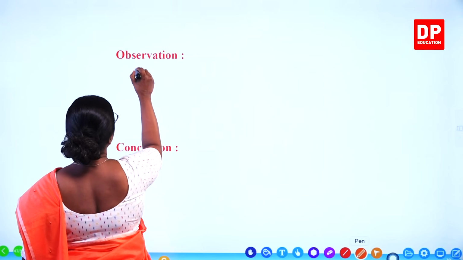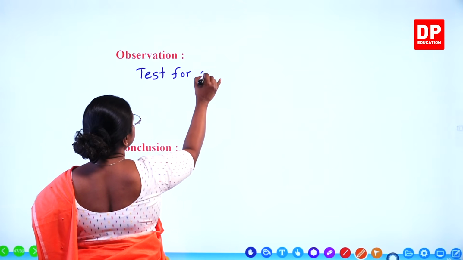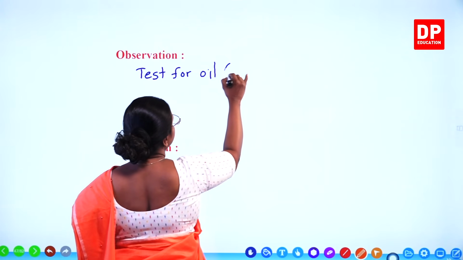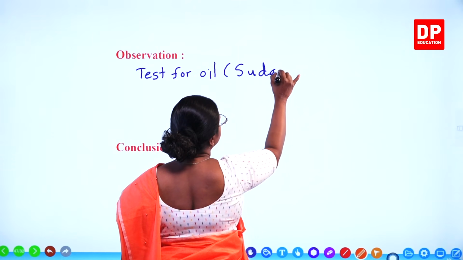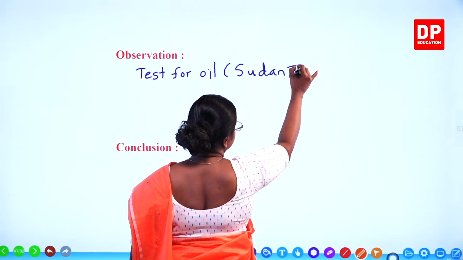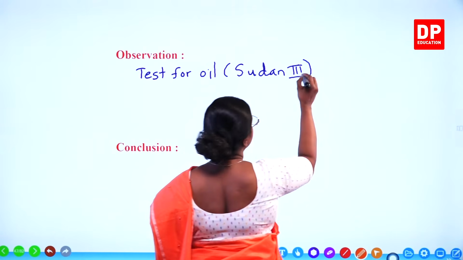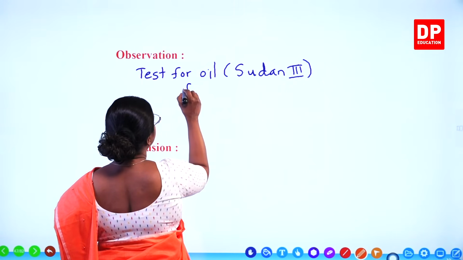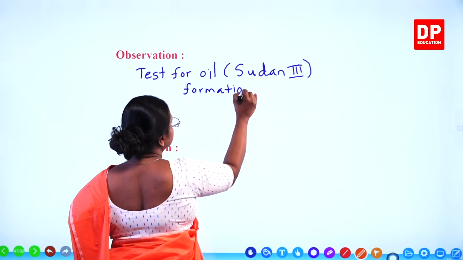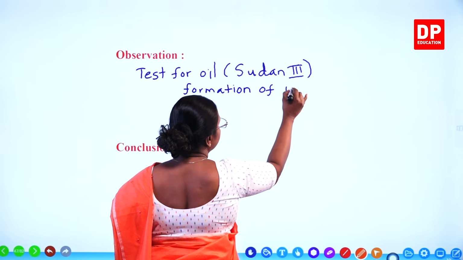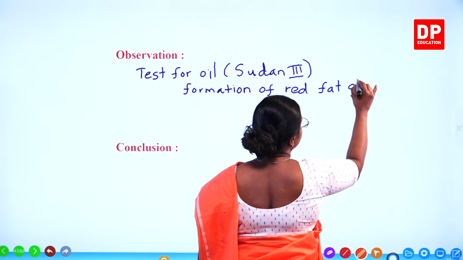So when we say test for oil, that is the Sudan 3 test. The observation is formation of red fat globules.